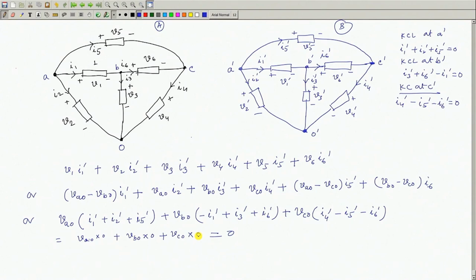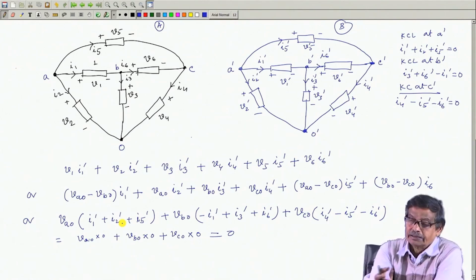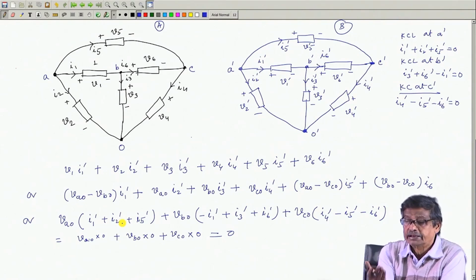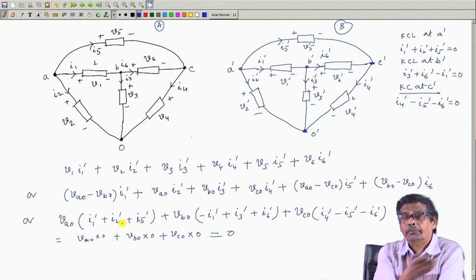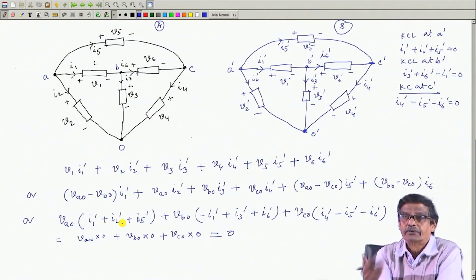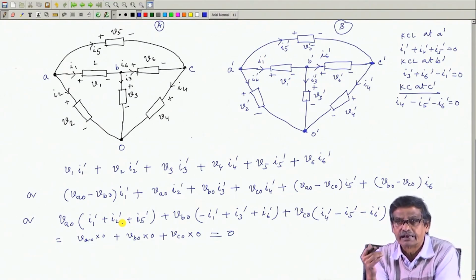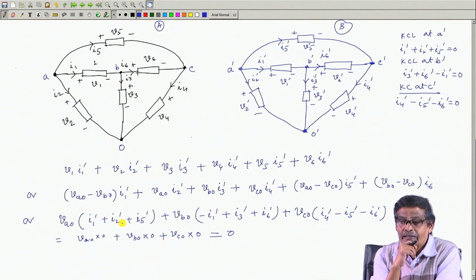This is the most interesting part. See, this V_A0 into now KCL of nodes. See, no matter, these two circuits are independent. I1, I2, I3, I4, I5, I6 will be totally different from I1 dash, I2 dash, I3 dash, I4 dash, I5 dash and I6 dash.